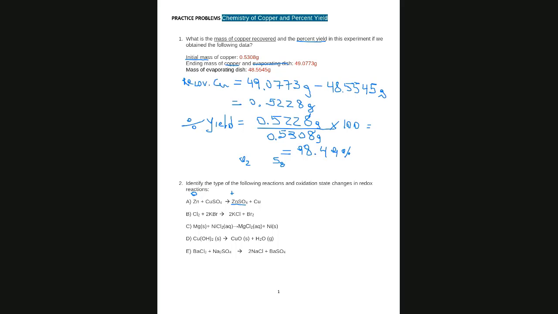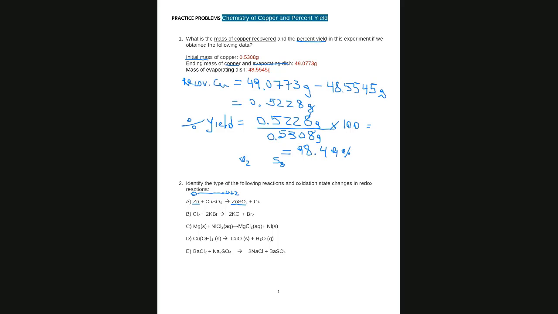Awesome. +2. And so we know the zinc went from 0 to +2. Because +2 is a higher number than 0, we say that the zinc oxidizes.